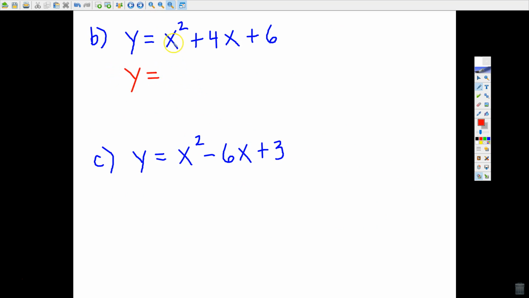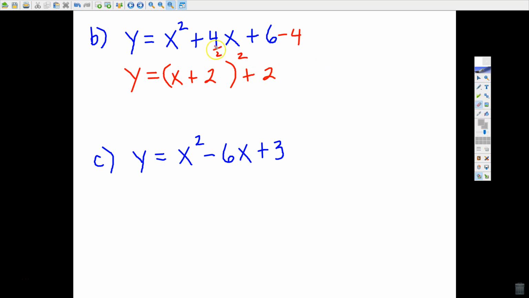Okay, so standard form, let's see what it looks like in vertex form. In the parentheses, you just do the square root of x, bring down the sign, and then don't forget to divide by 2. 2 squared is 4. Always subtract it. Just think of going up to your standard form and subtracting from the end, and now put those constants together. 6 minus 4 is 2.